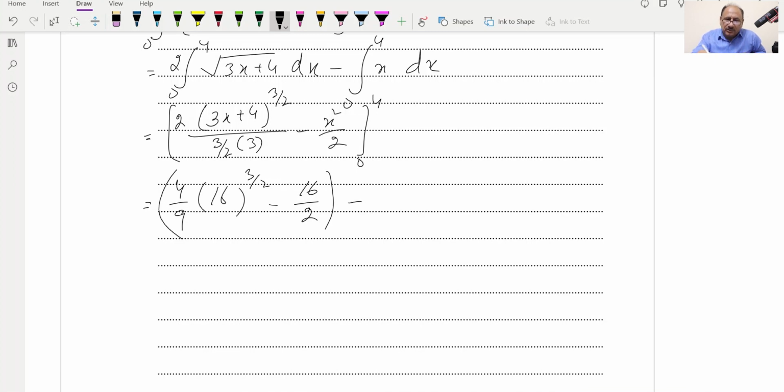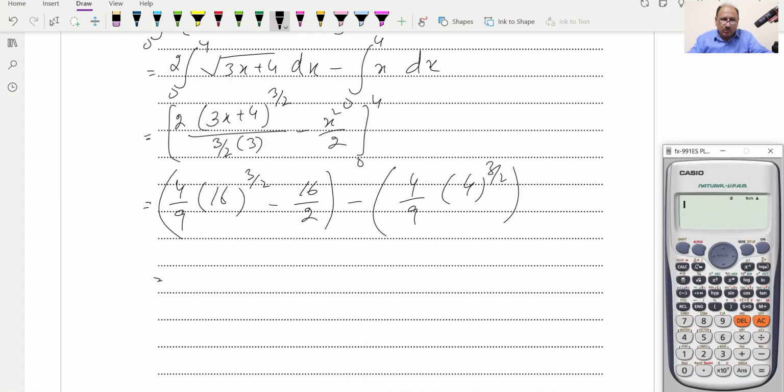Now we will be replacing the lower limit which is 0. It will be 4 by 9 and everything else will be 0, so 4 raised to the power 3 by 2. We can calculate this in one go with the help of a calculator, putting brackets.